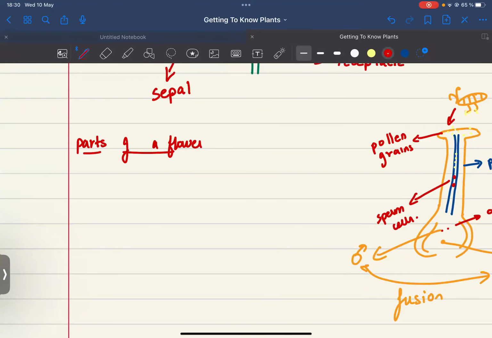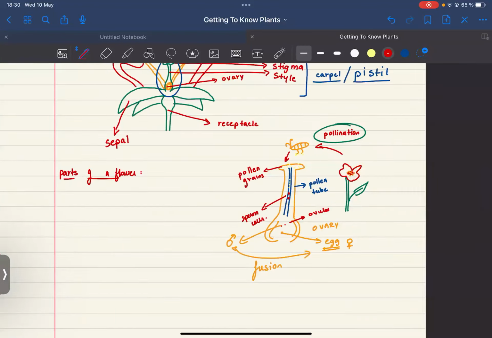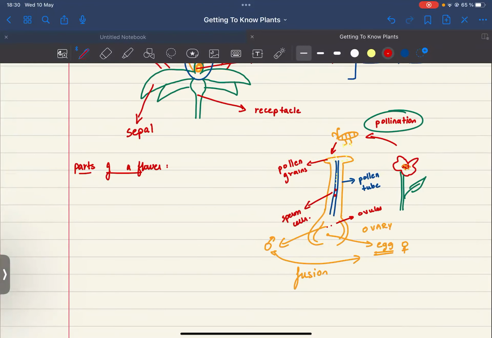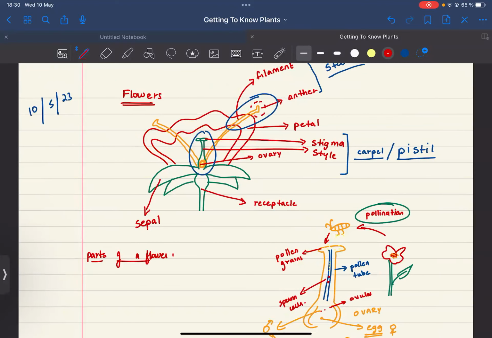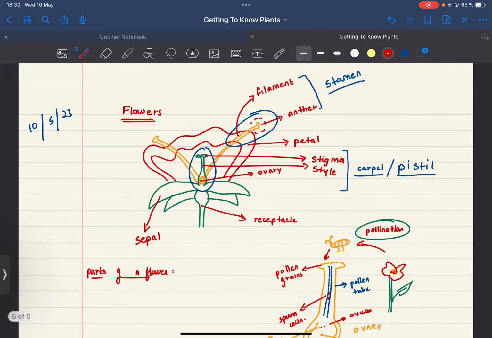Ma'am, first you said hibiscus. If you cut the hibiscus, it will be like this, the first diagram. You see the parts of the flower: receptacle, sepal, carpel, pistil. But the main parts are stamen and pistil. If they are not there, the flower cannot form, because these two things are necessary for flowers. Next, you explained about pollination.